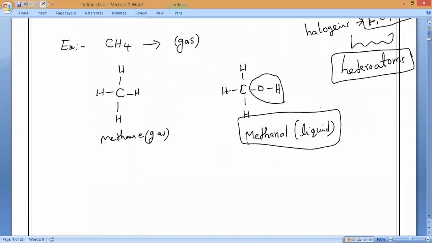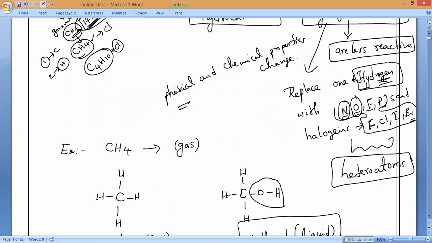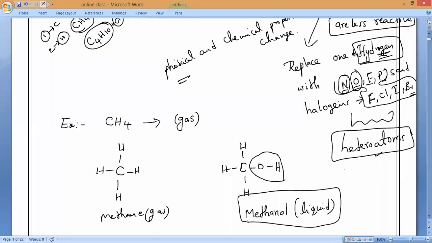Okay. So the atoms which I am replacing the hydrogen with are called heteroatoms. Hetero means what? Like homogeneous mixture, heterogeneous mixture. Hetero means different atoms. So these heteroatoms will give specific physical and chemical properties to the organic compounds. They are only called as functional group.